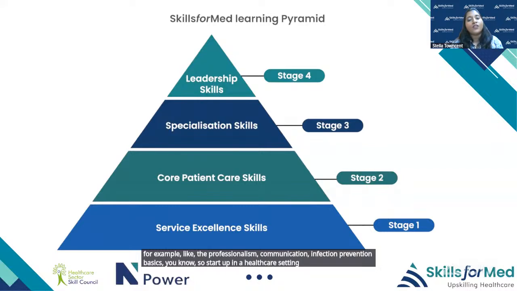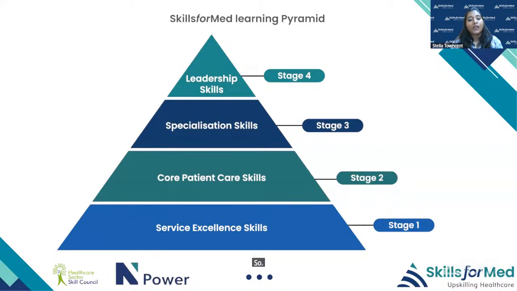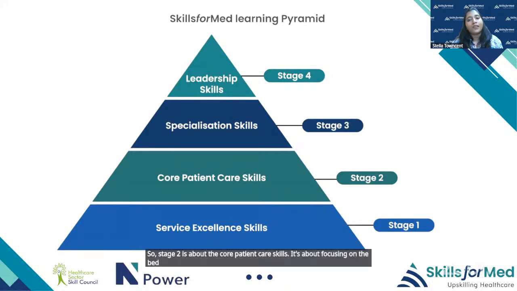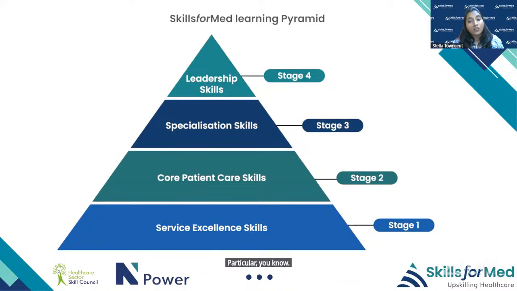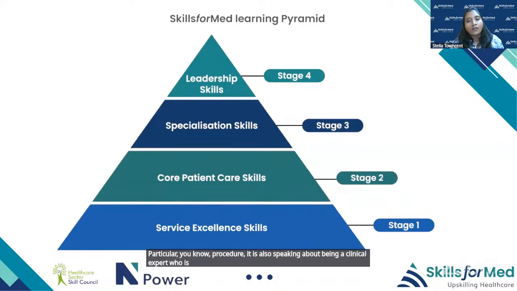Stage 2 is about core patient care skills. It focuses on bedside procedural skills, patient safety and patient experience. It's not about being competent in one particular procedure. It is about being a clinical expert who is competent in all kinds of procedures when it comes to the patient aspect.